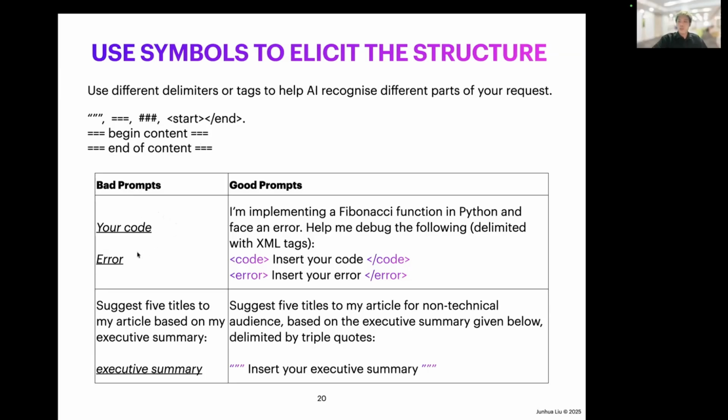If you want the LLM to debug some piece of code for you, you can first start with the instruction, and then use some XML-style tags to enclose your code and enclose your error. The LLM will be able to know the structure of your prompt more easily.